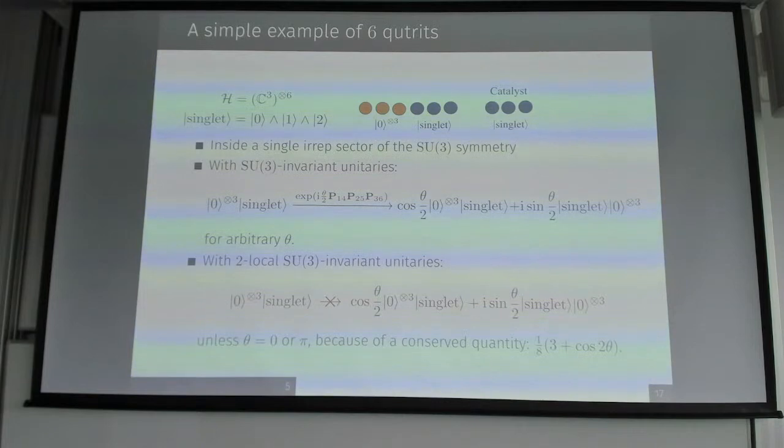So I think it will be more clear as we go. Before I start, let's look at a simple six-qutrit example, where qutrit simply means its local Hilbert space is 3-dimensional, and the states can be labeled with 0, 1, 2. So the Hilbert space is just C^3 tensor power 6, and the singlet is defined on 3 sites, which is the totally antisymmetric state on 3 sites.